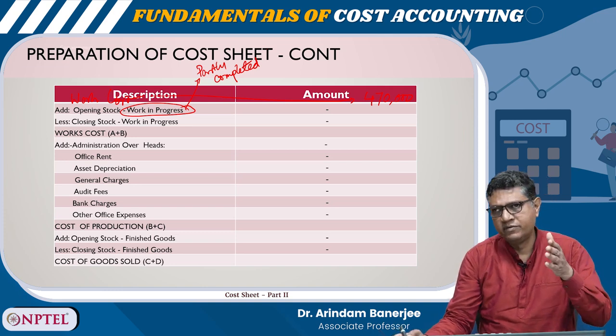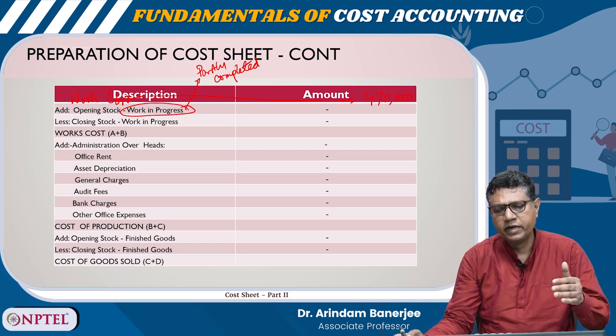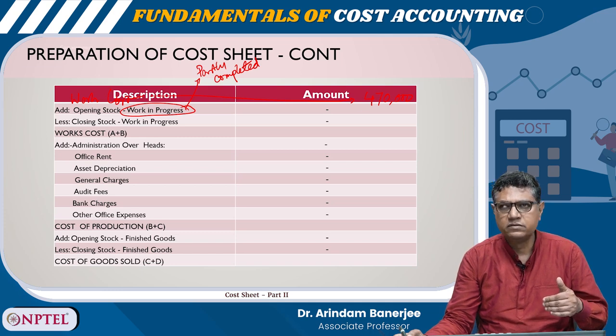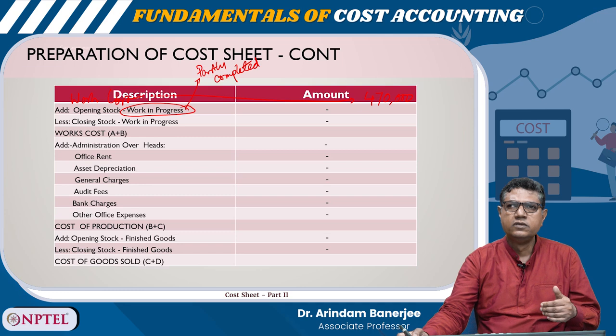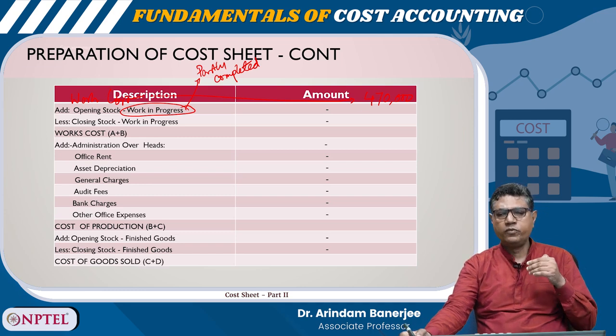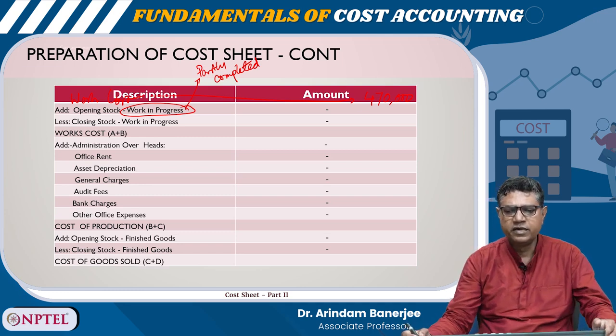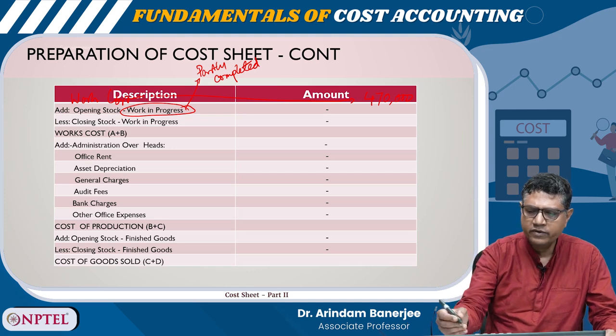So we will add the opening stock and deduct the closing stock. We will add the opening WIP and deduct the closing WIP.